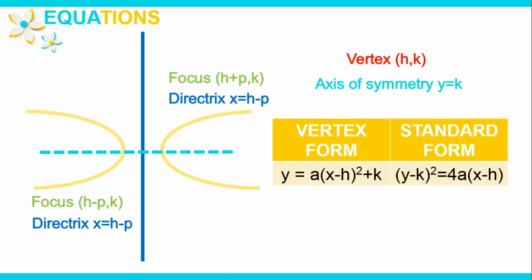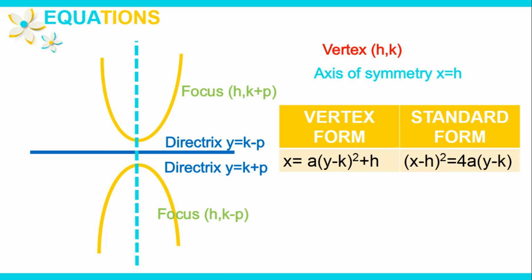So the same here, it's reversed again. The axis of symmetry is vertical, standing upright, so its equation is x is equal to h, and the directrix lies horizontal, and its equation is y is equal to k minus or plus p.